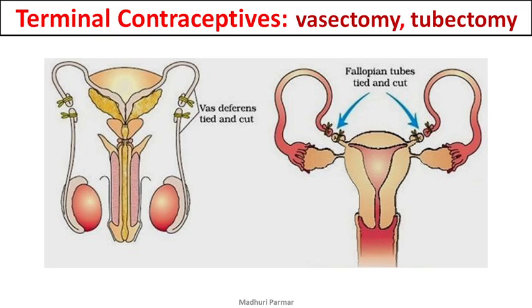But this is not a very proper method because you cannot predict exactly when ovulation may take place, right? Then there is the second method, where during sexual intercourse the sperms are not ejected into the vaginal tract. That is another method. I am not able to recall what it was called, but basically you pull out.